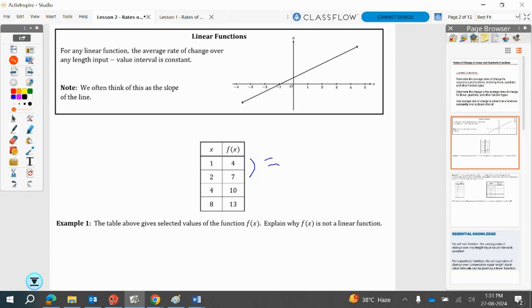So this is going to give us 3 over 1 with an average rate of change of 3. On this next one, we're going up by 3, but we are going up in the x values by 2. So this one here is going to be 3 over 2, 1.5.